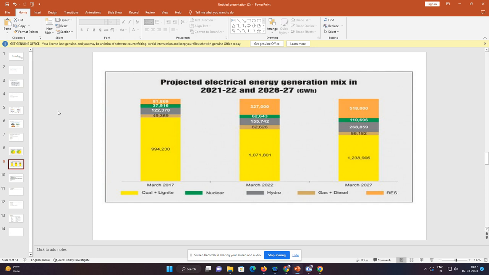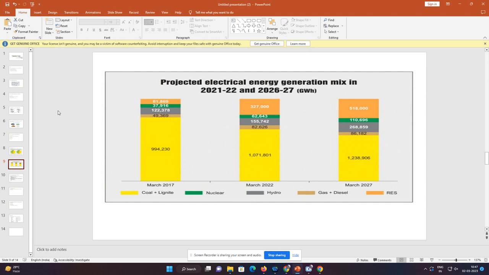In line with the government's targets, the power generation from renewables will increase from 6% to 23% from 2017 to 2027, while the energy generation from thermal sources will reduce from 81% in March 2017 to 60% in 2027.